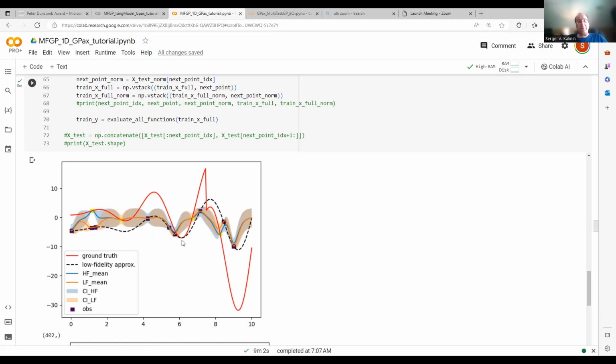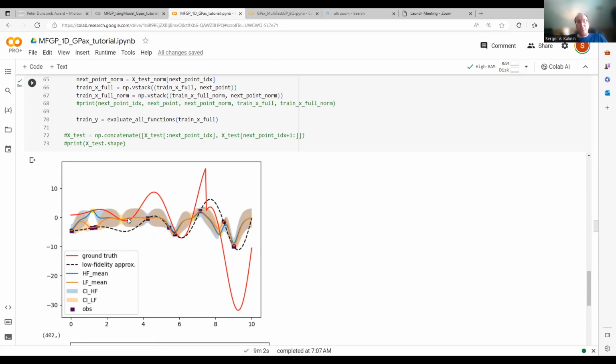It probably takes going through the notebook and analysis more than once, but keep in mind that we have ground truth, and we have the low fidelity approximation, which is also ground truth. We have the high fidelity mean function. We have the low fidelity mean function, so we discover them at the same time. We have uncertainty intervals for both of them, and we have the observations, which can be low fidelity observations and high fidelity observations.